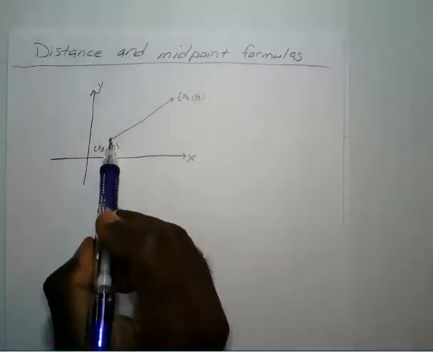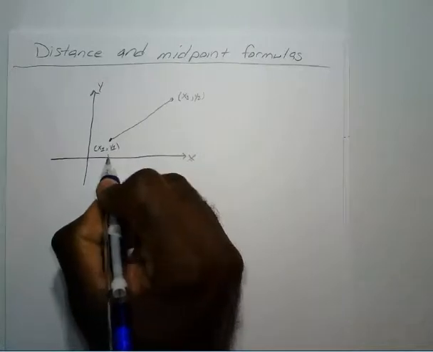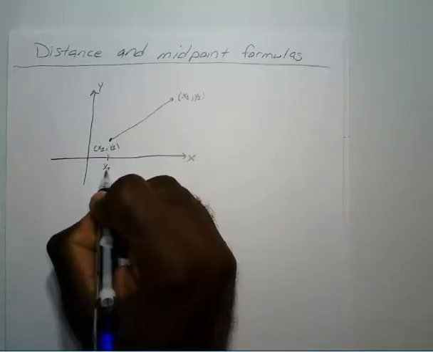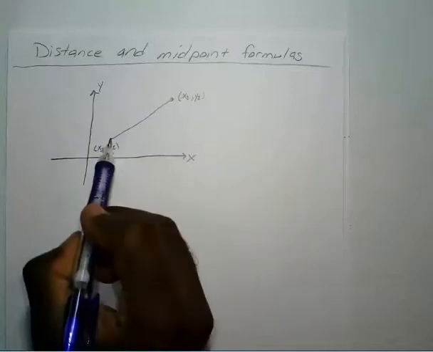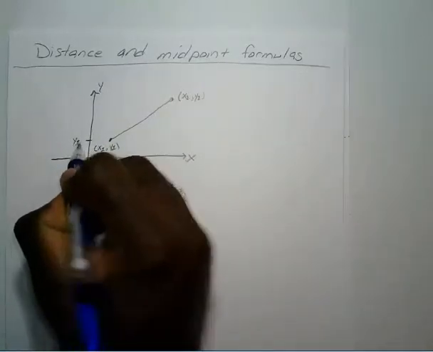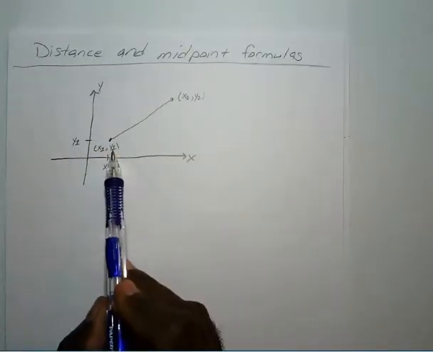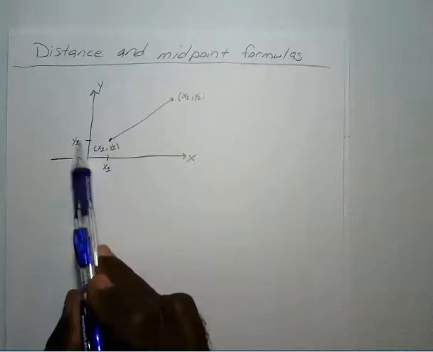Alright, so this point being x1 and y1 means your first x value will be right there, and your first y value will be right there. So if this would have been 0.25, this would have been your 2, and this would be your 5.